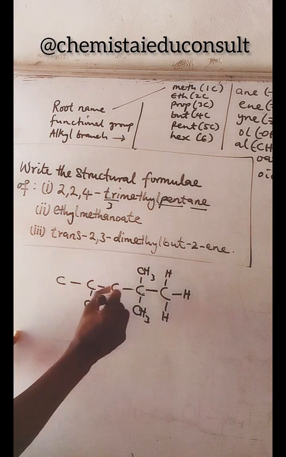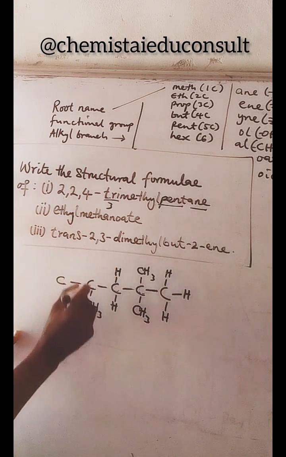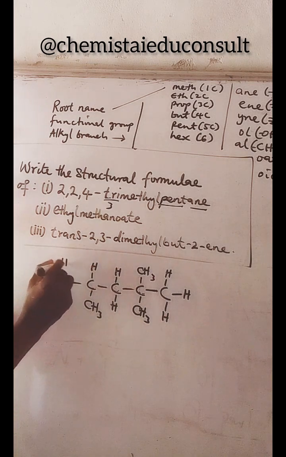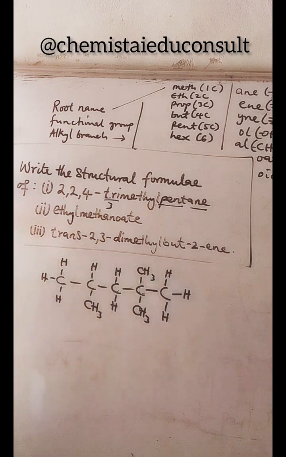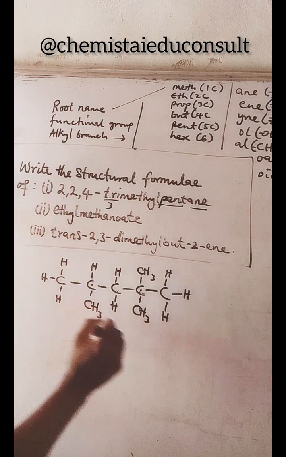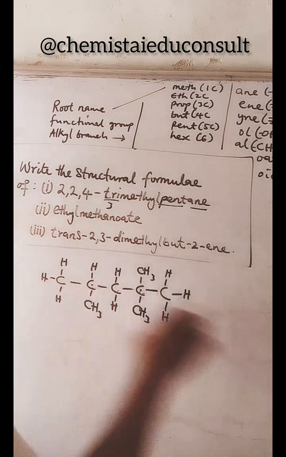This one has 2 bonds. You add 2 more bonds, connecting with hydrogen. This one has 3. You add 1. This one has 1. You add 3. Finally, this is the structure of 2,2,4-trimethylpentane, 3 methyl groups, pentane.